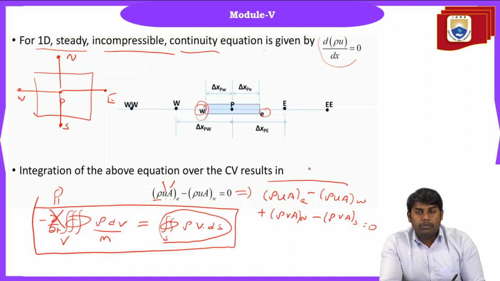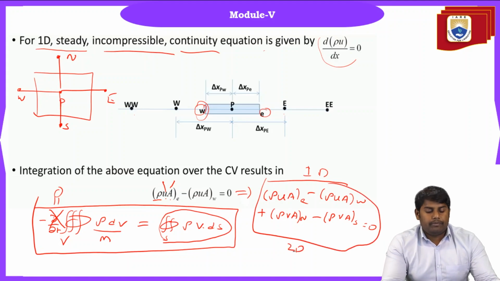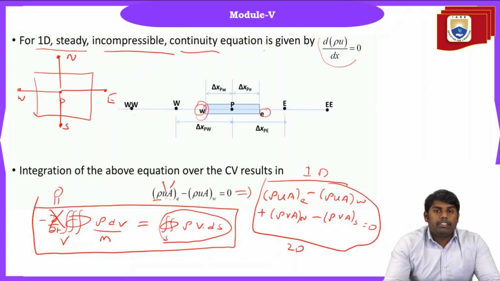These two terms contribute for 1D, and the whole expression contributes for 2D. This is the difference. If we take 1D, we only have rho u A_e and rho u A_w. For 2D, additionally we have north and south.